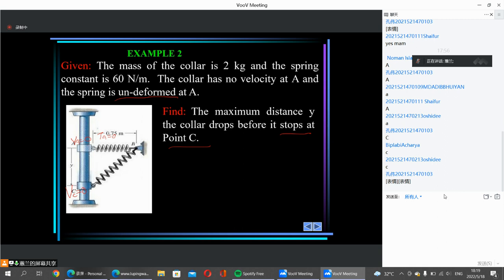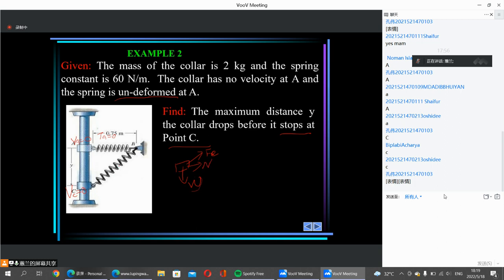And so from position A to position C, what forces on the collar have done work to the collar? Draw the FBD for the collar: the weight, the normal force, and the spring force.